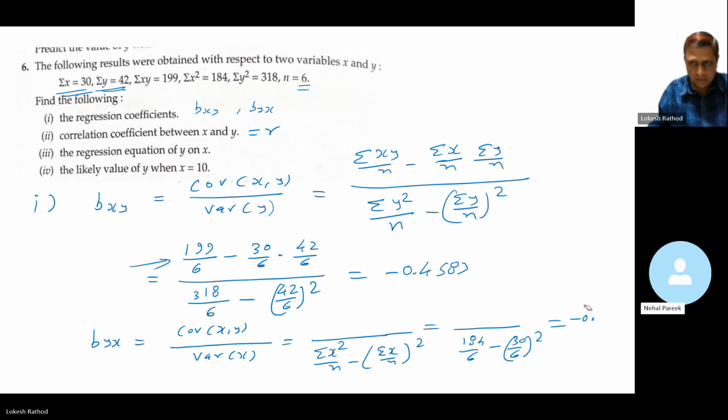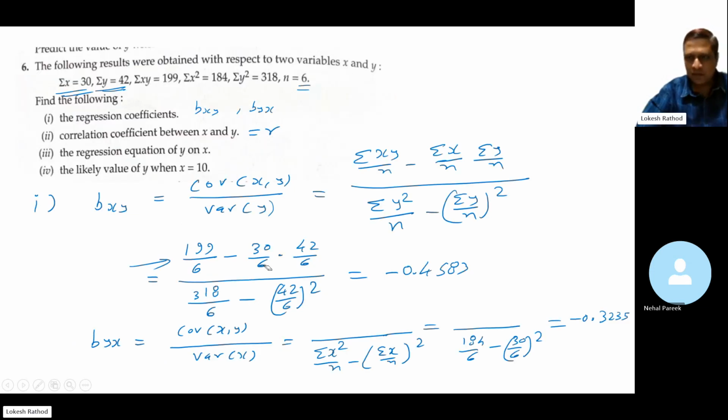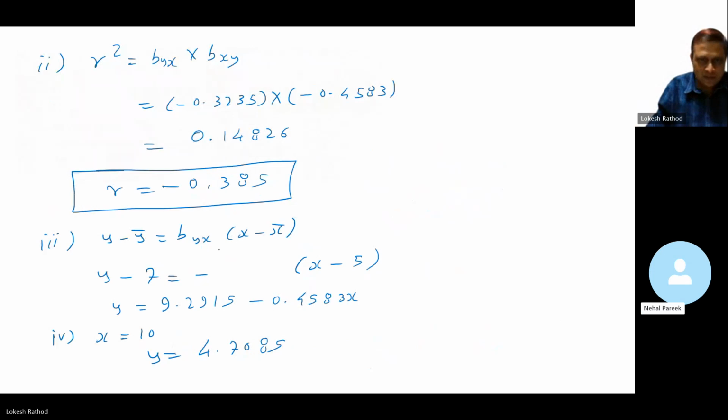Minus 0.3235. Okay. So yes, then r will be the same, because it is the square root of bxy times byx, so that doesn't matter. The byx value we have to change for the third answer. So we have 0.3235.